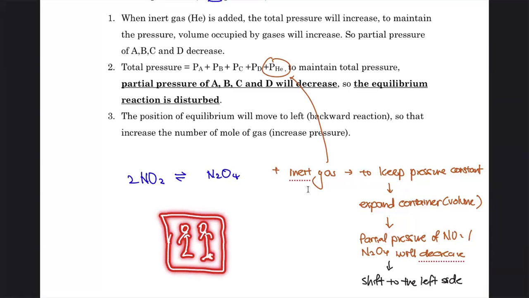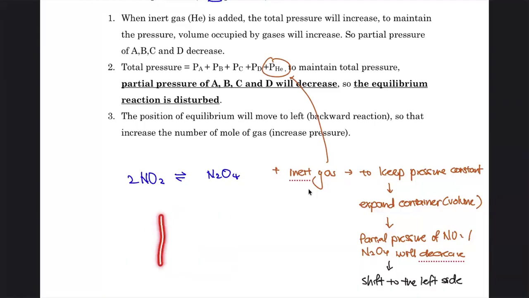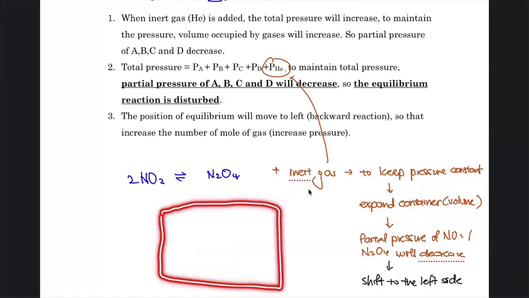Now suddenly I have some visitors coming in. The visitors are like inert gases. They don't join your class, they don't join the activity. But to keep the room from being crowded, I need to change my room into a bigger space to accommodate these visitors.